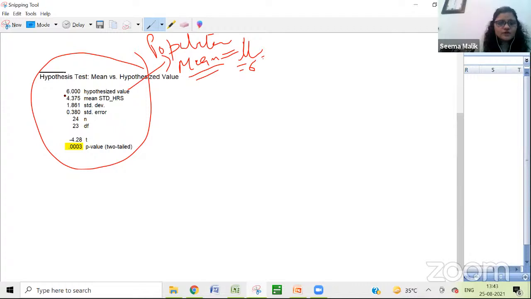Now talk about this mean. If you remember, when we performed descriptive statistics in Excel in the earlier session, we were having this mean. This is the X bar, the sample mean, that is 4.375.